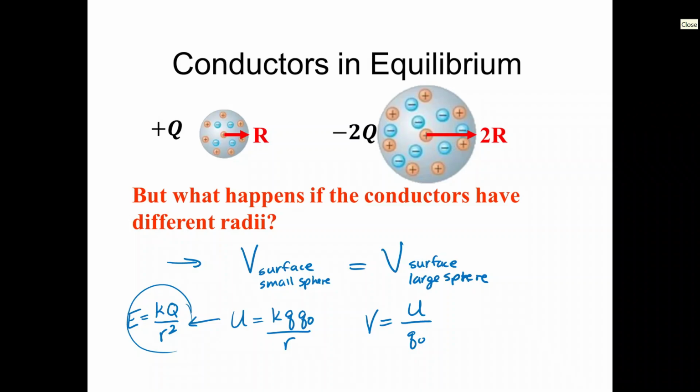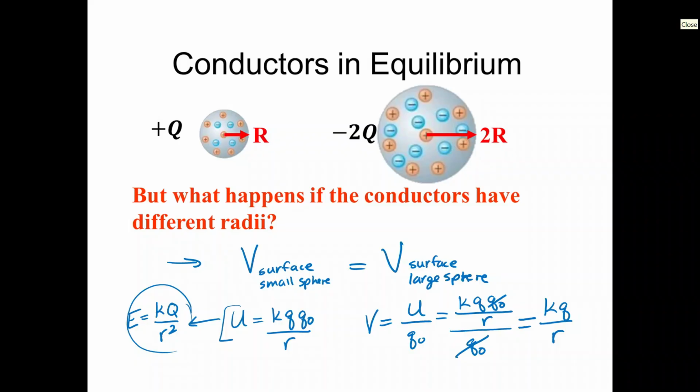So because this potential energy works with this electric field for point charges, what we can find is that this also works for spherical charges. So if we take our kQQ0 over R and divide it by Q0, we find that our potential is equal to kq over r for both a point charge and for a spherical charge.